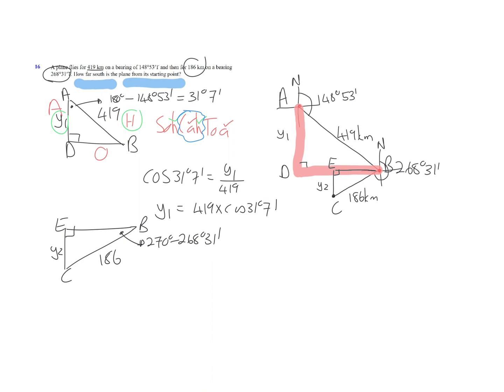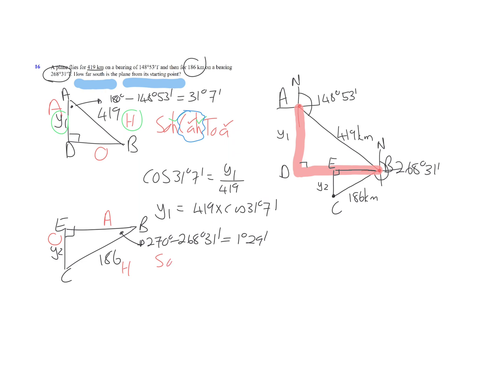And to work that out, that is just 29 minutes to the next degree and then 1 degree. So it's 1 degree from 269 to 270 and 29 minutes. Then I label the hypotenuse, opposite this angle and right next to this angle.